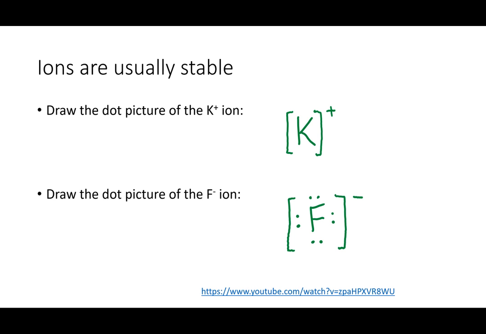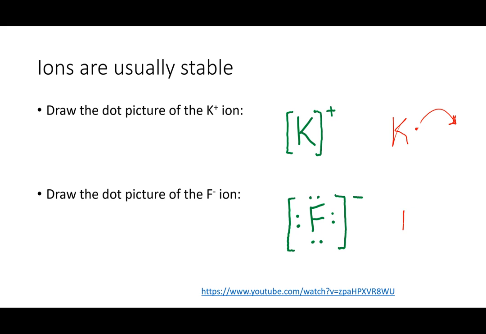Okay, so what we have here is originally potassium has this one electron. When it is transferred or lost, potassium acquires a plus charge, and you show this with brackets and the plus in the top right corner.